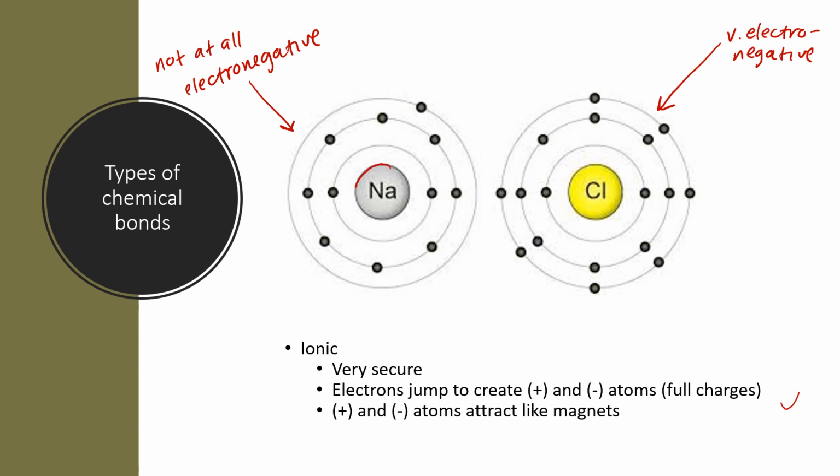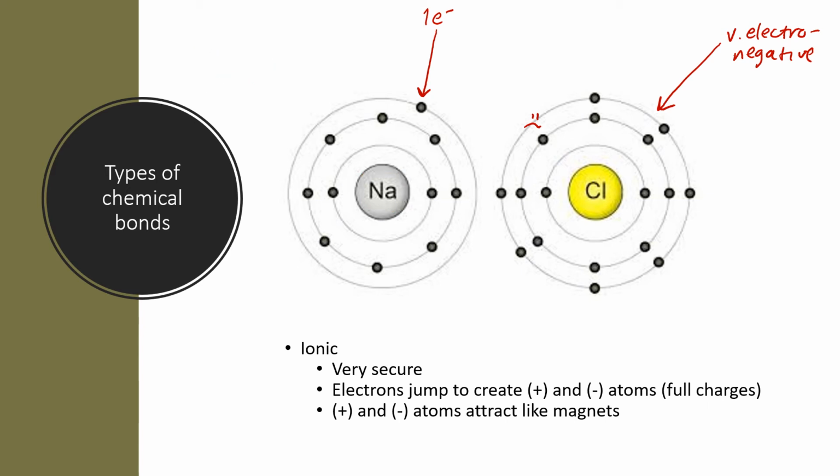Sodium here, Na, you should learn that abbreviation, sodium, has 1 electron in its outermost valence shell. Chlorine is missing 1 electron from its outermost valence shell. In the way that you see both of these atoms represented, they're neutral.